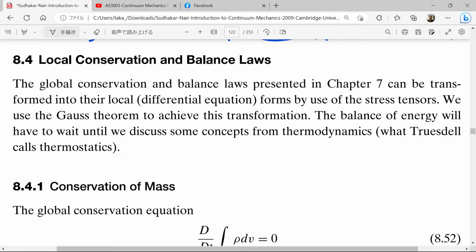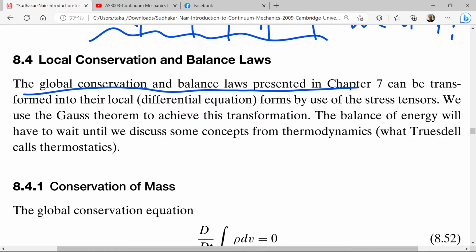So we move on to section 8.4, local conservation and balance laws. The global conservation and balance laws presented in chapter 7 can be transformed into their local form, or use of the stress tensors.